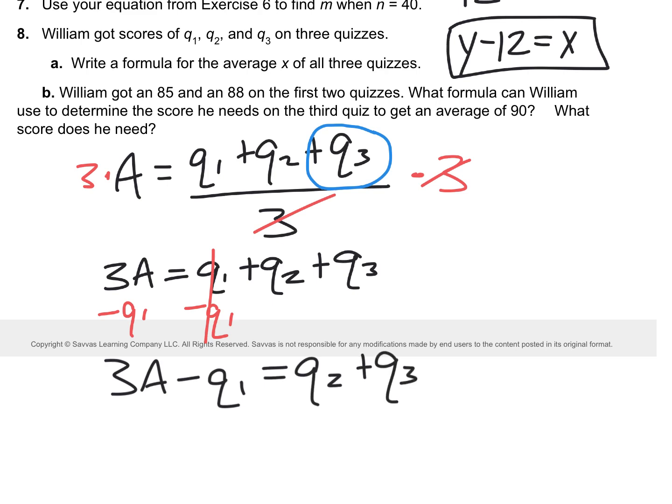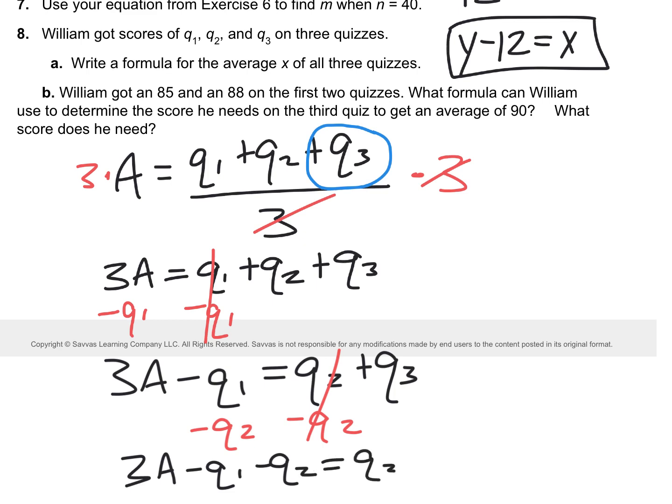Then I get rid of the Q2 by subtracting. Again, those cancel. So now I'm left with 3a minus Q1 minus Q2 equals Q3.